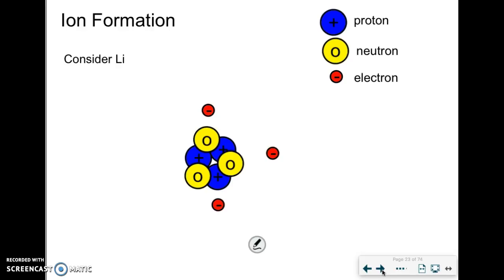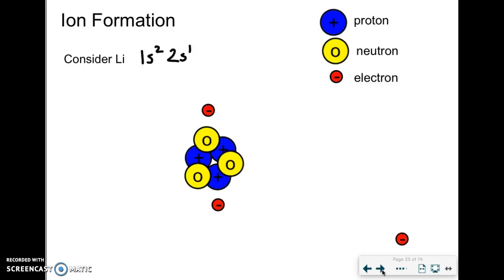If we were to write the electron configuration for lithium, it would be 1s2 and 2s1. So 2 electrons are in the first orbital, and 1 electron is in the second orbital, and that represents the valence electron. There's 1 valence electron in lithium. So in ion formation, lithium will really want to get rid of this 1 electron.